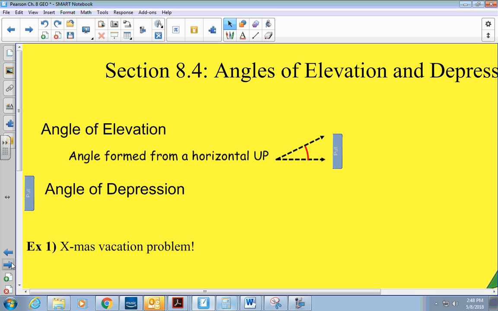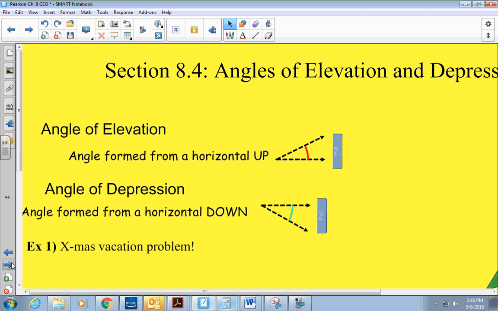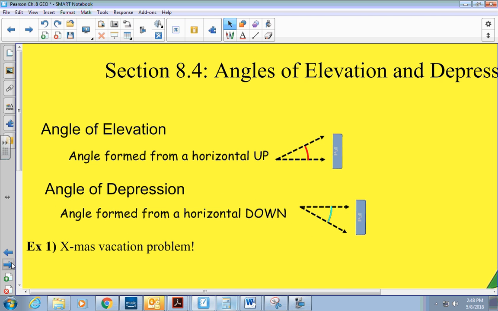Because angle of depression is like being on a cliff. And it's the angle formed from what you're looking at down. Also, you can be on an airplane or anything from above what you're looking at.